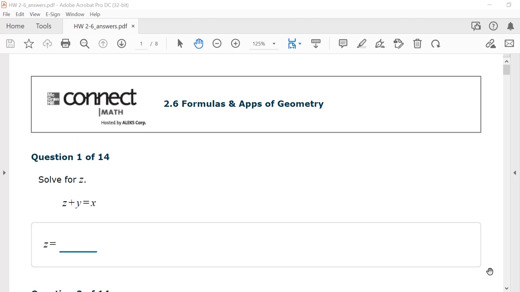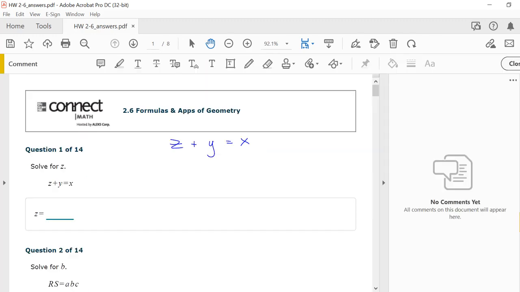Okay, we're going to look at section 2.6, which is formulas and applications of geometry. For question number 1, it says to solve for z, and the equation says z plus y equals x. So I'm going to rewrite that. Z plus y is equal to x, and we want to get z by itself.